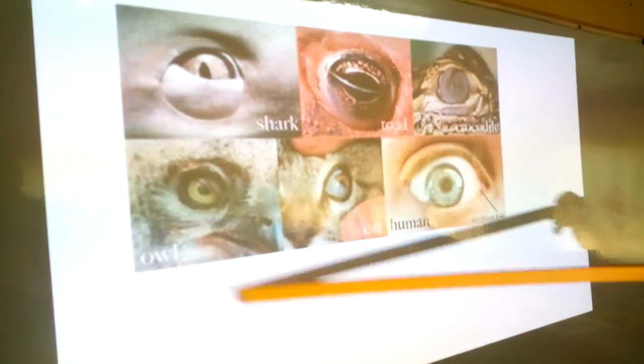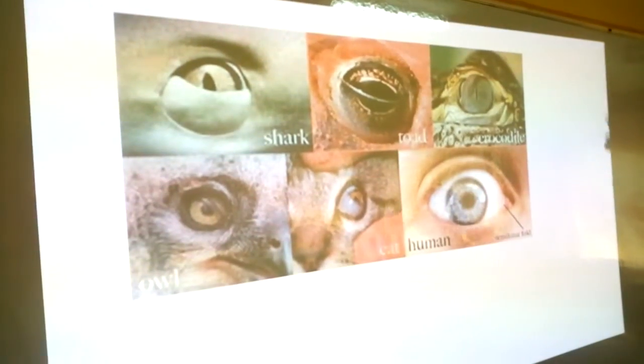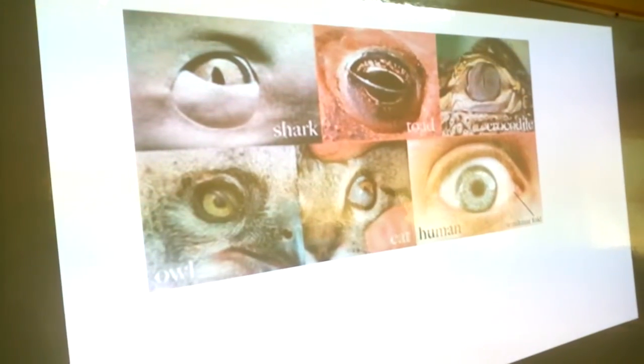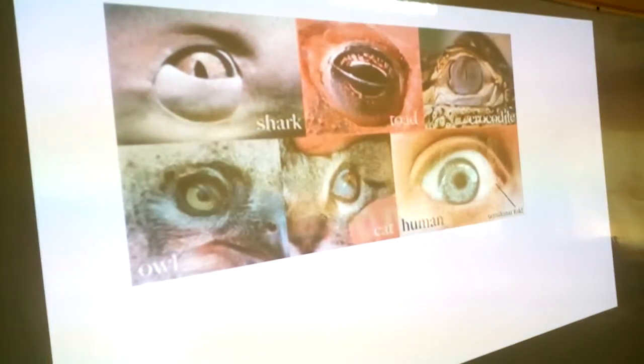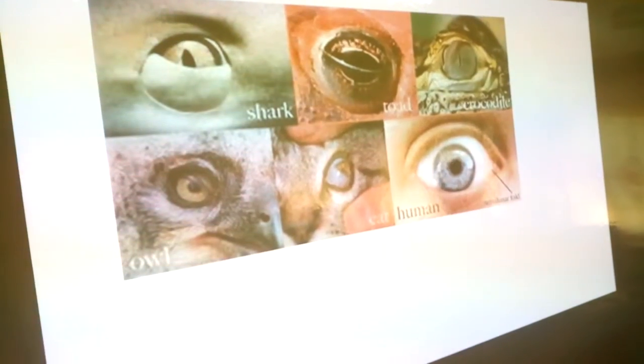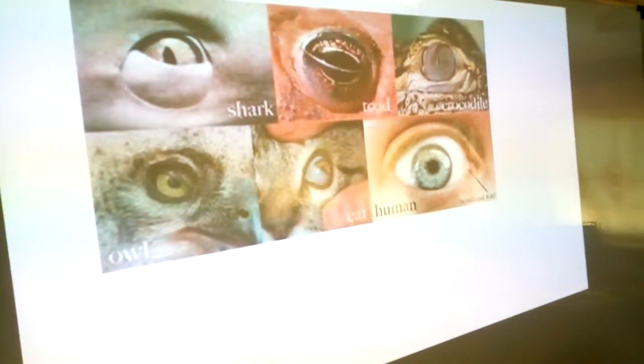They can be seen as analogous structures because they are from different embryonic origin, but they perform the same function, that is vision. Under vestigial is that we have the human eye and the octopus being a vestigial structure.